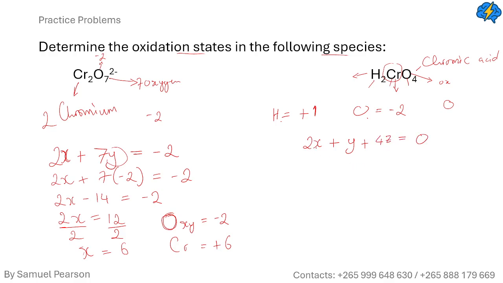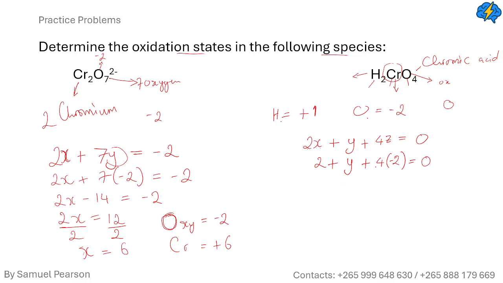We know the value of x is positive 1, so we will have 2 times positive 1, which is 2, plus the oxidation number of chromium, which we don't know yet, so we put down y, plus 4z. The z for oxygen is negative 2, so we multiply 4 by negative 2 and should get 0 overall.